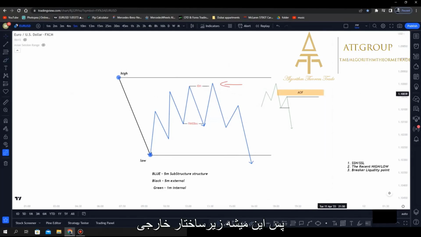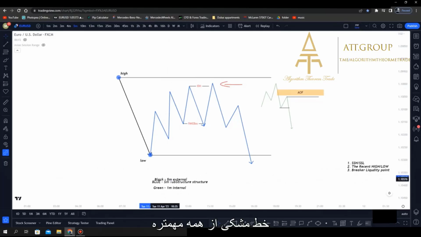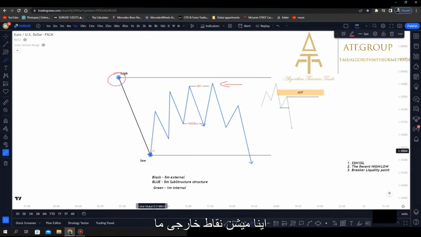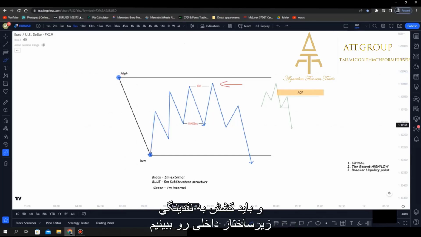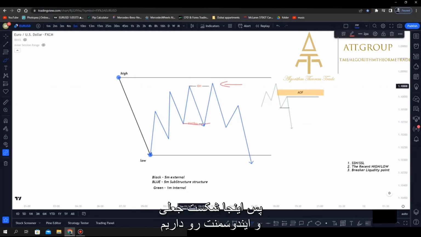So this is external substructure. Sorry, let me make it like this. So the black one is the most important one. These are the external points. Then we have the blue one, which is substructural structure, which is inside the black one. And we need to see substructure draw on liquidity. So PBOS, inducement.